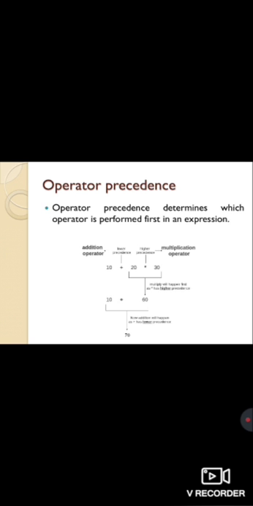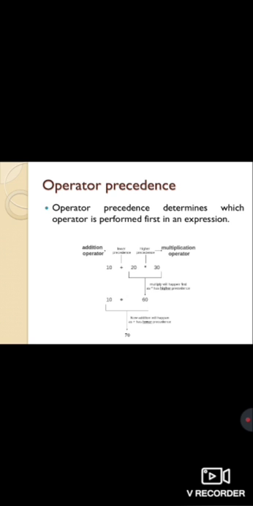For example, 10 + 20 * 30. In this expression, two operators are there, plus and star. So which particular operation will perform first? As the precedence of star is higher than the precedence of plus operator, the multiplication operation will perform first.